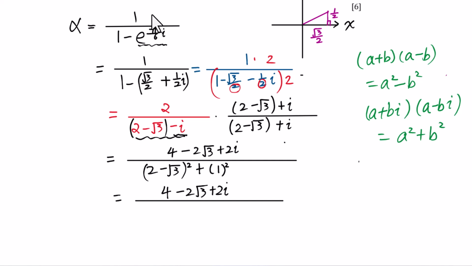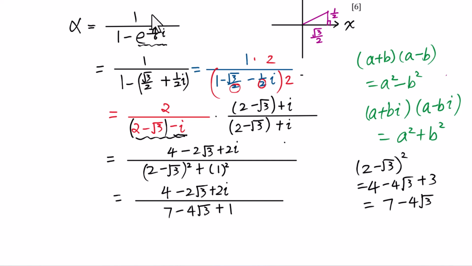Denominator: (2 minus square root of 3) squared equals 4 minus 4 square root of 3 plus 3, which is 7 minus 4 square root of 3.